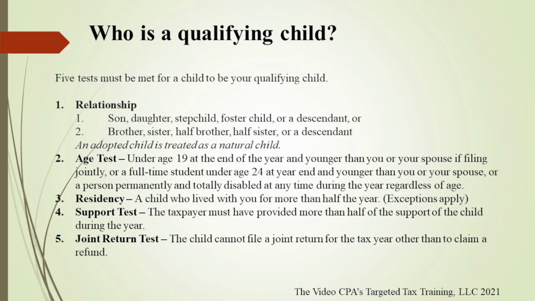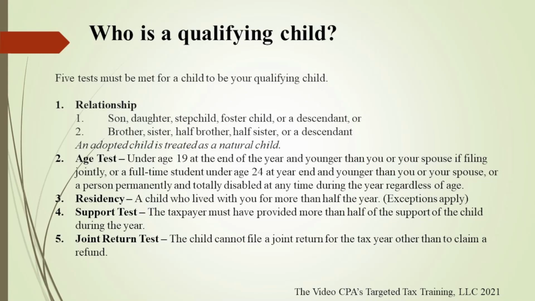It could also be a brother or sister, half-brother, half-sister, or a descendant of any of those previously mentioned as well. An adopted child is treated as a natural child, so if they're adopted, they're regarded as a child. So that's the first test, and all 5 of these tests have to be met in order for this to be a qualifying child.